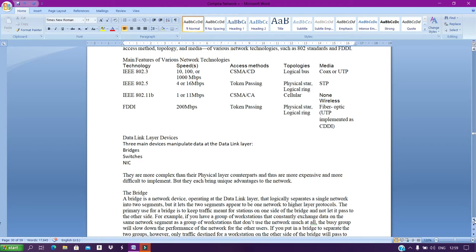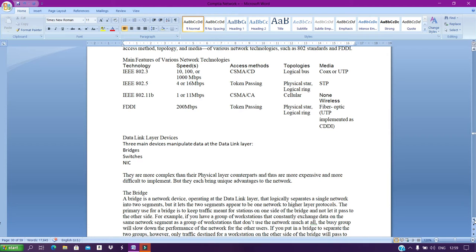IEEE 802.3: speeds 10, 100 or 1000 megabits per second, carrier sense multiple access with collision detection, logical bus, coax or UTP.